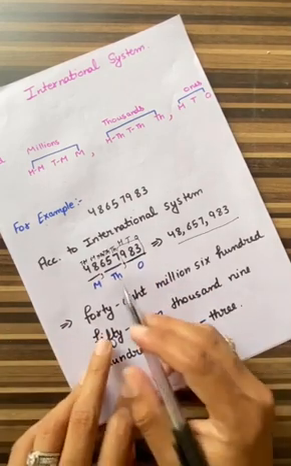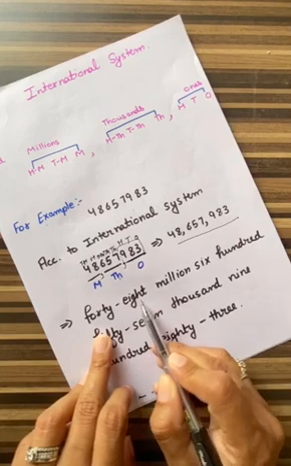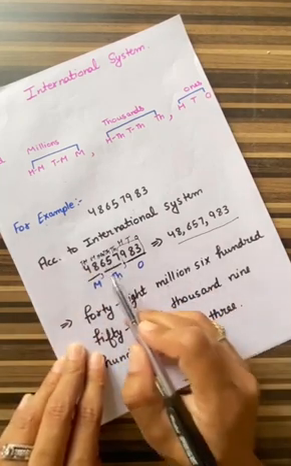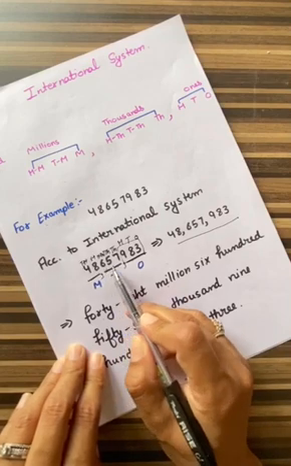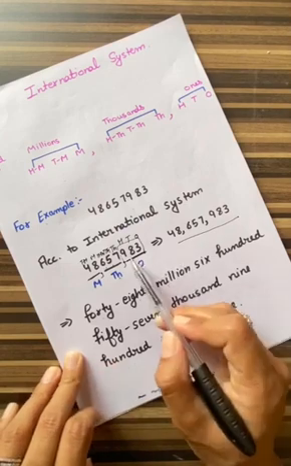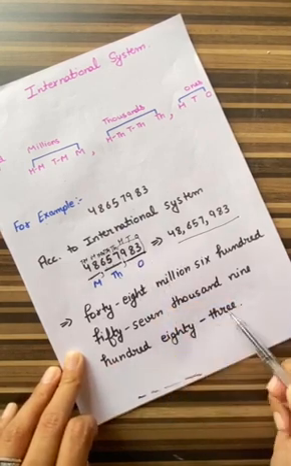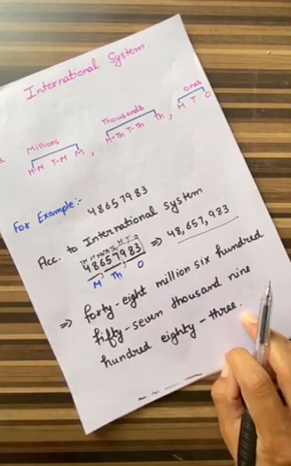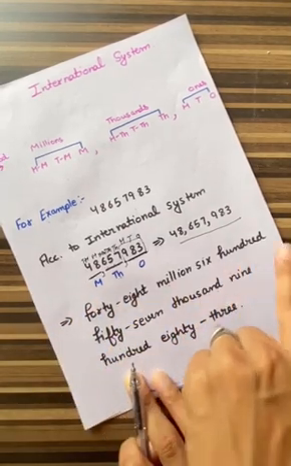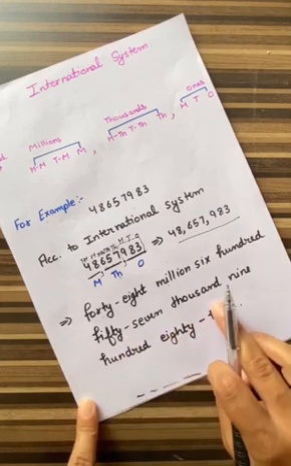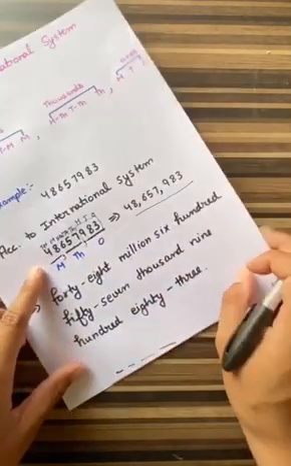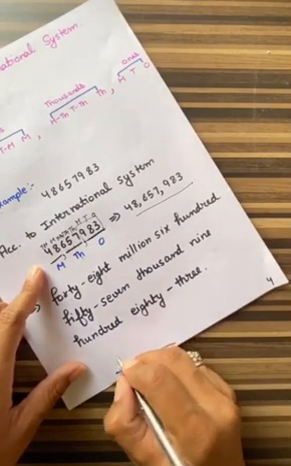So we will write it as 48,657,983. I will write it again here.